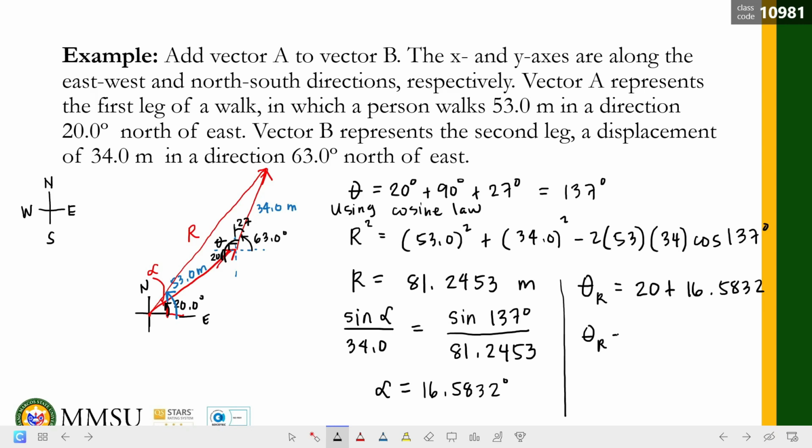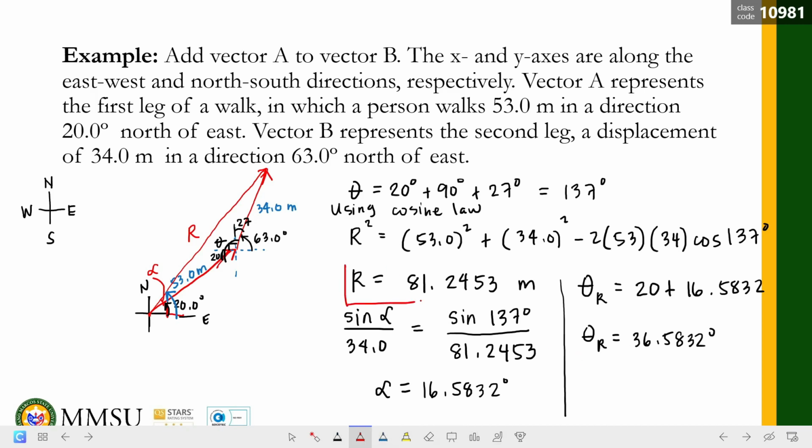So, theta sub R is 20 plus 16.5832, which is equal to 36.5832 degrees.